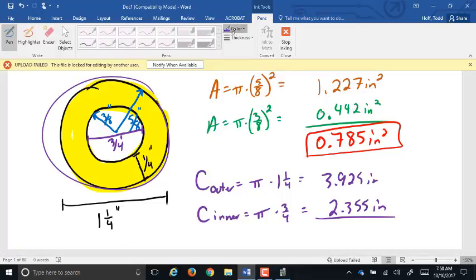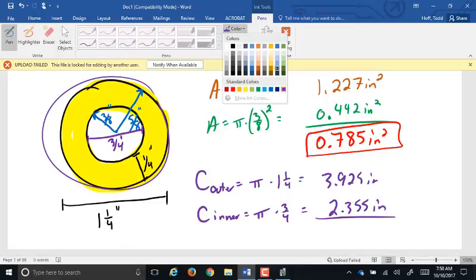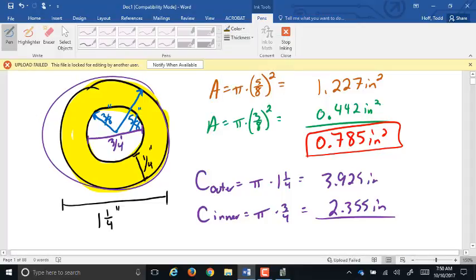Well, then what you would do if using those two circumferences is you'd actually use a variation of the trapezoid formula. Think of it as cutting this like right here and rolling it out. It basically becomes a trapezoid where the long side is the outer circumference, the short side is the inner circumference, and this is the 1/4 inch.